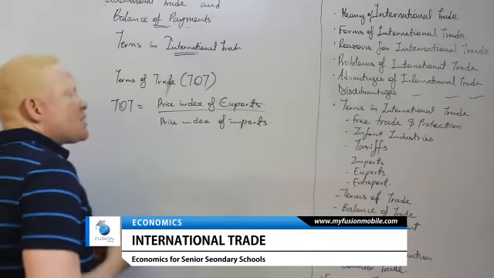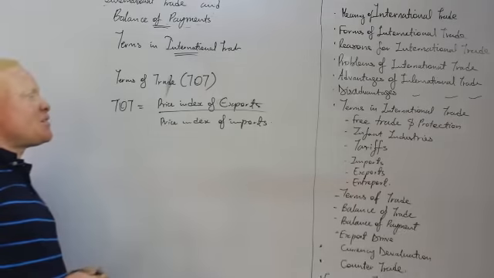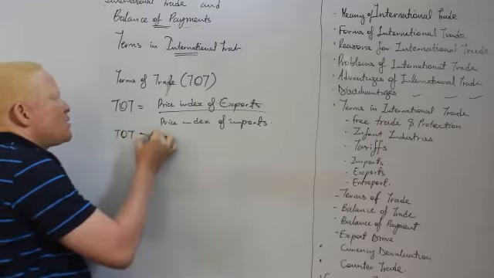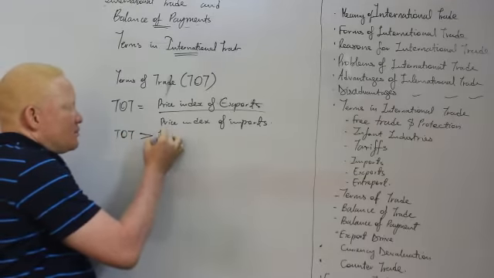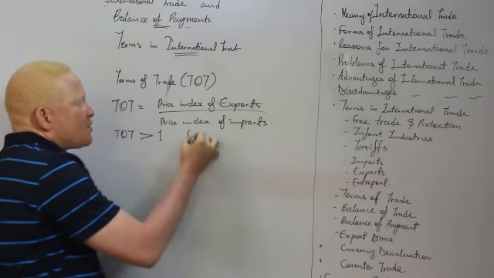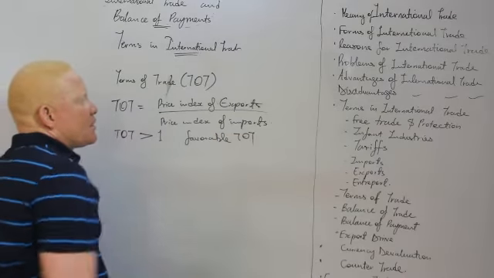Now, of course, if we have a favorable terms of trade, it means that TOT will be greater than 1, when we have what? Favorable TOT, terms of trade.